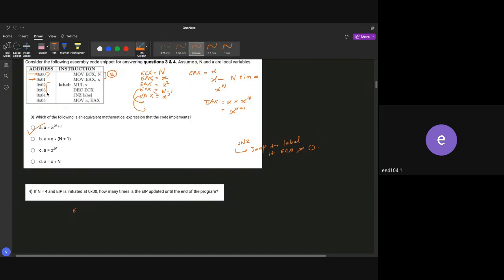Now how many times will this loop run? 4 times. And for each loop, how many instructions are there? 3. So total we have 12, because these 3 lines will be there 4 times.